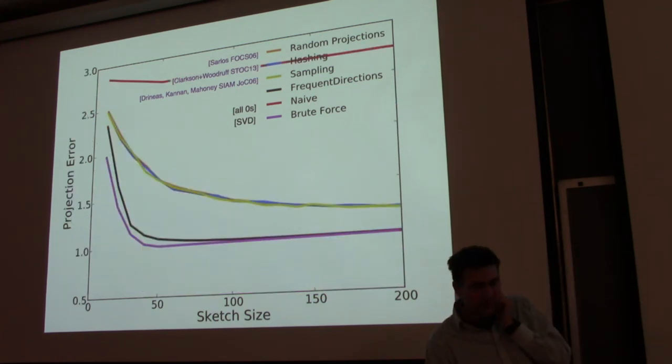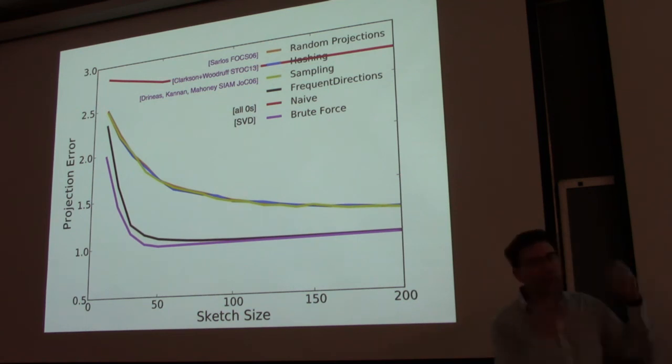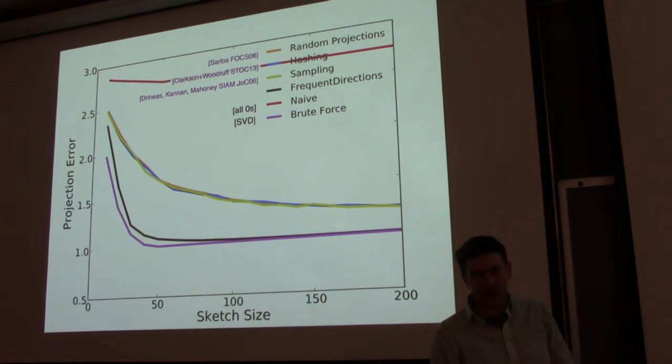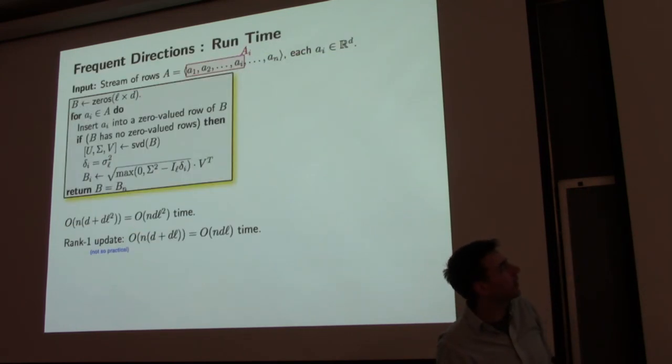And then this is the projection error, where we're looking at how well you capture the subspaces. Again, the frequent directions is basically matching SVD, where these other ones are doing worse, but the all zeros is no longer beating that immediately, which is not surprising.